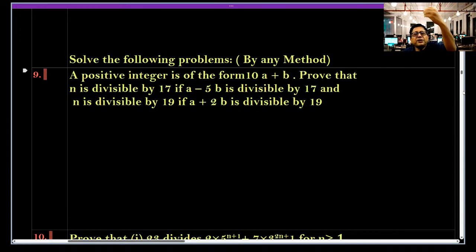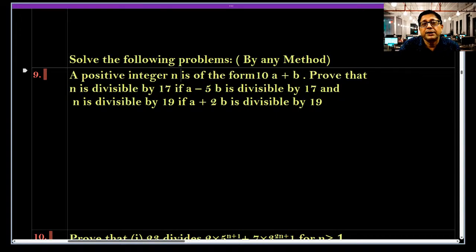N is also an integer. Positive integer n is of this form 10a plus b. Prove that n is divisible by 17 if a minus 5b is divisible by 17. Do you need any theorem or just congruency?